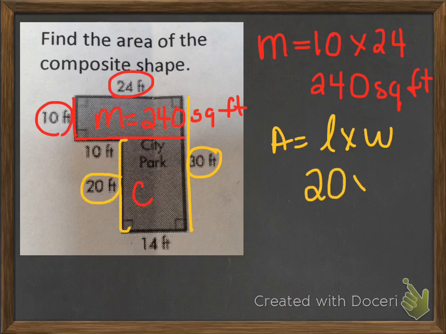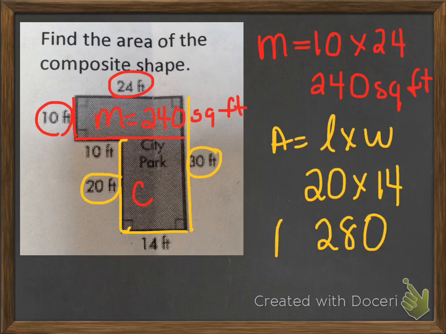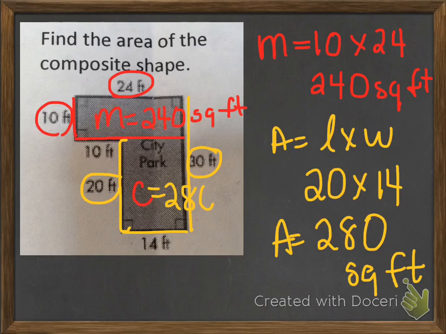So I'm going to say 20 times the width, which is 14. So 20 times 14, and so 14 times 2 is 28, and then the 0. So C is equal to 280 square feet.